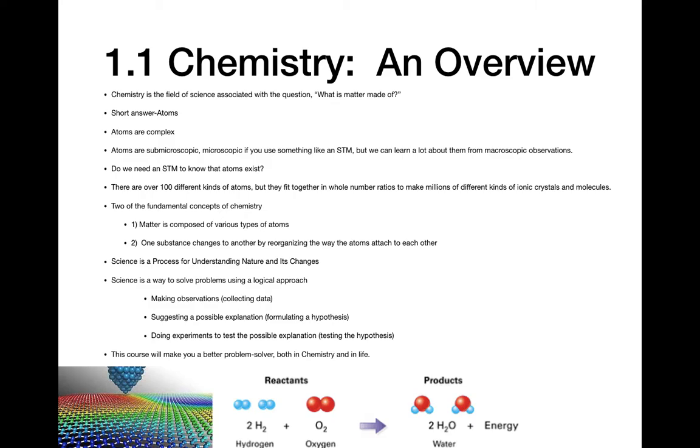You see an artist's rendition of a scanning tunneling microscope in the lower left-hand corner of this slide. In that picture, you see a probe coming down. The probe is atomically sharp. It has one atom on its tip, and it's going to scan across the surface of an atomically flat piece of material.